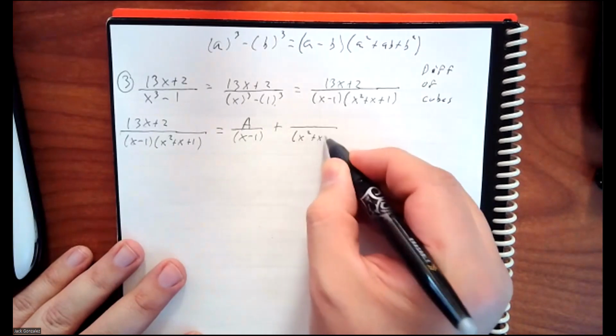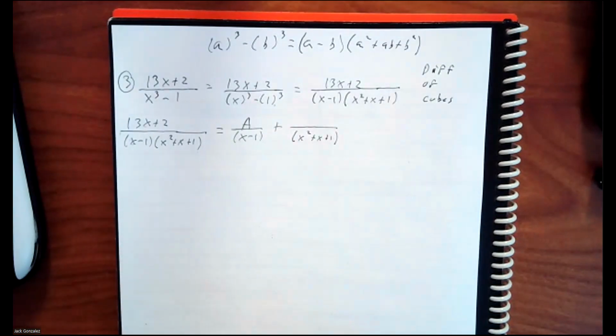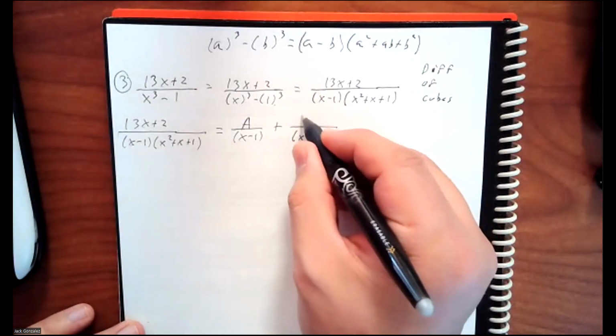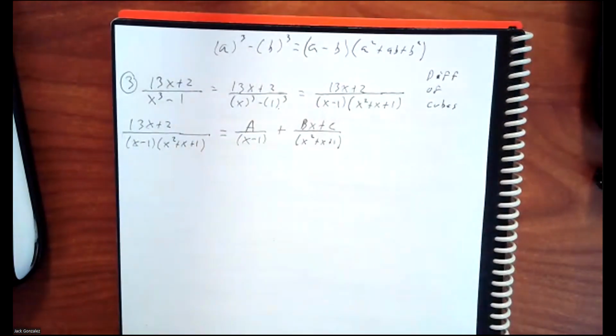What goes on top? Yeah, it's gonna have B and C, right? Whenever you have something that's not linear. Remember, you're close. Bx plus C. So that's the setup.